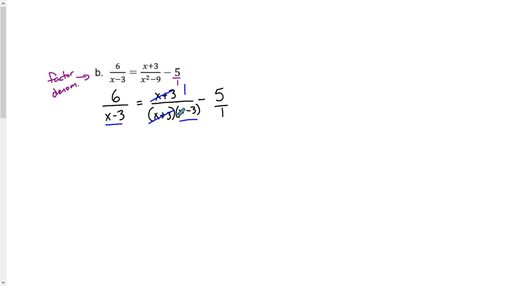Now that we have that x subtract 3 and that x subtract 3 there, I can combine some steps here and just multiply this negative 5 by an x subtract 3. That will give us a 6 and an x subtract 3.